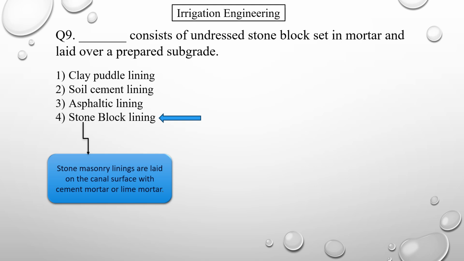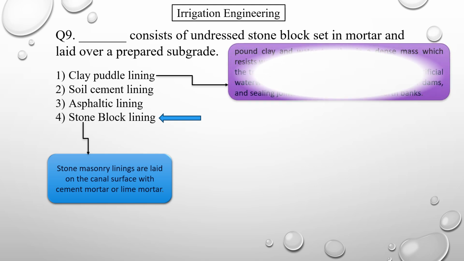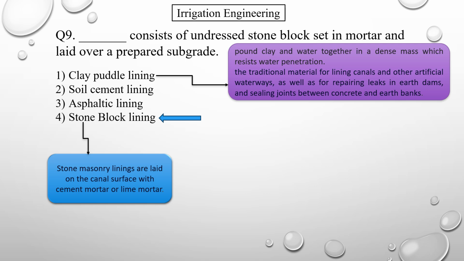Then we'll see the other options. Clay puddle lining is a traditional material for lining of canals and other waterways, as well as for repairing the leaks in earthen dams. Then soil cement lining.